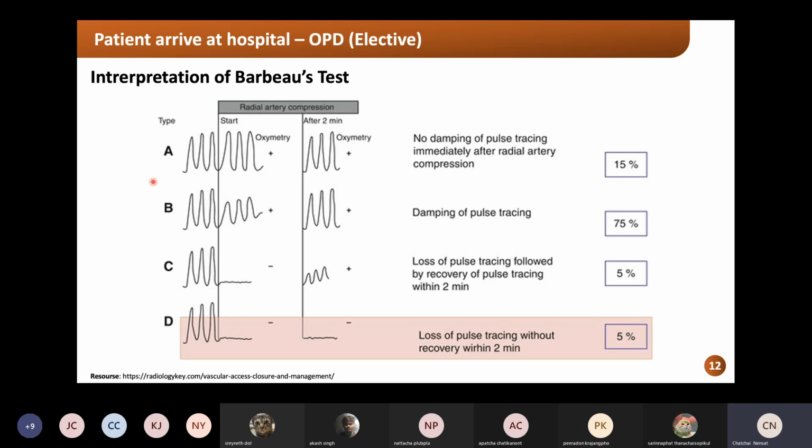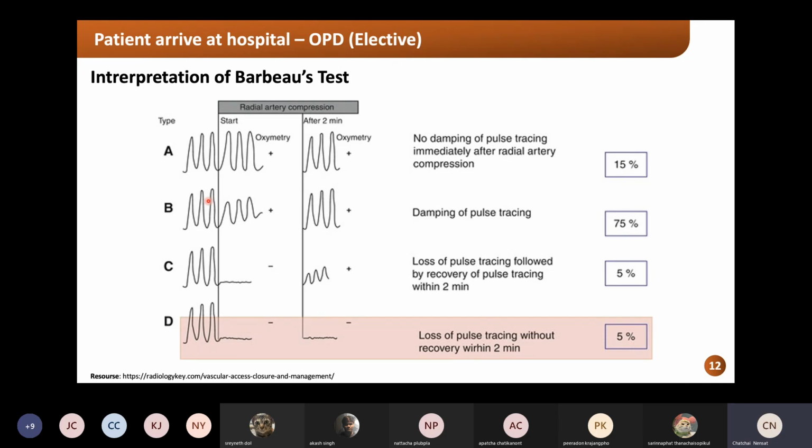Normally type A is found in just 15% of patients doing the Barbeau test. For type B, when we compress the pressure on the radial artery and ulnar artery, you will see that the pulse wave will damp a little bit.